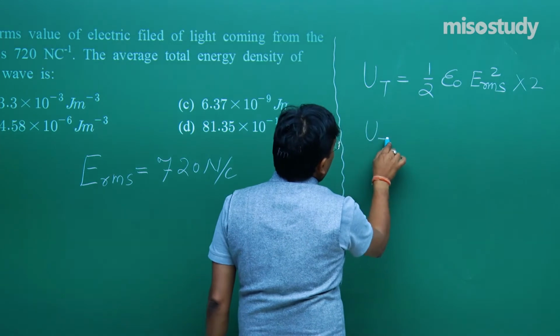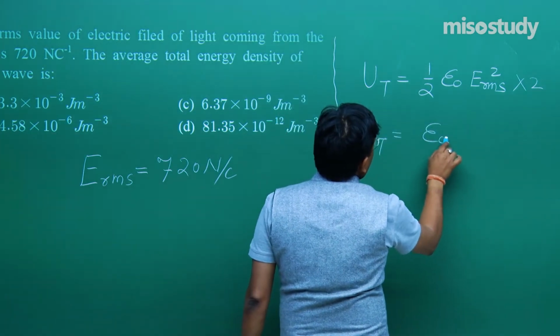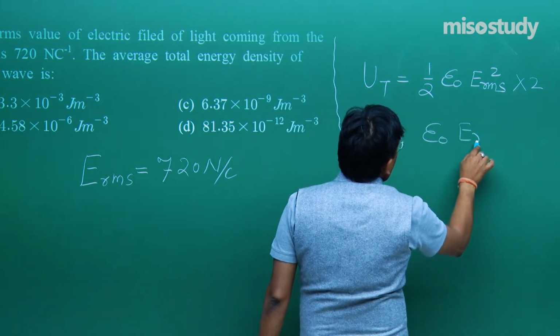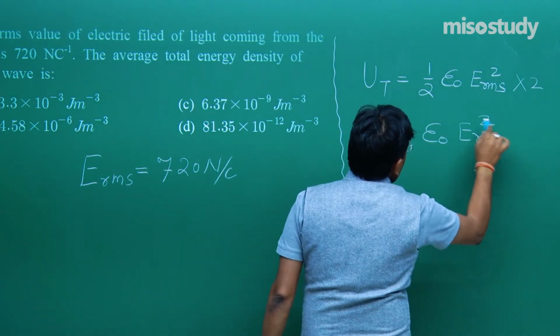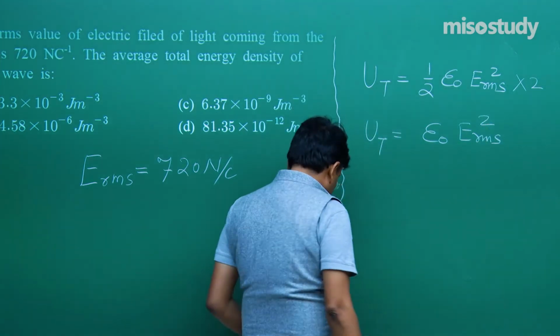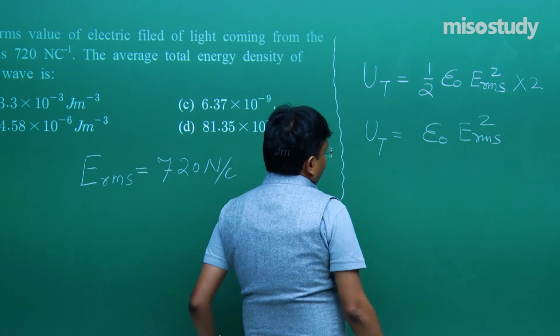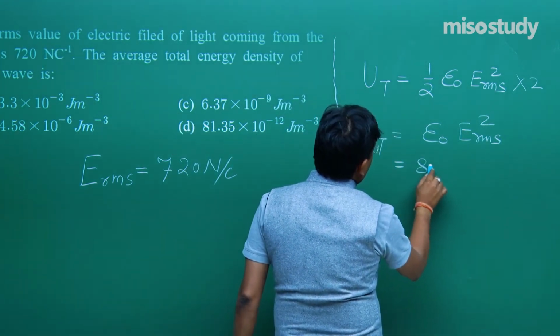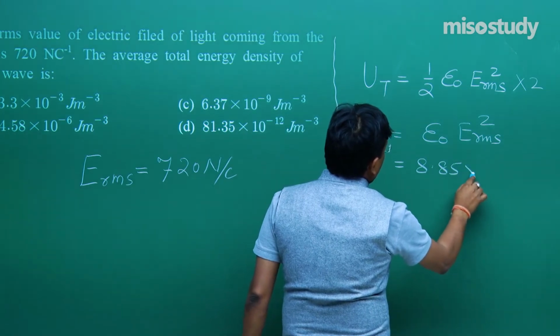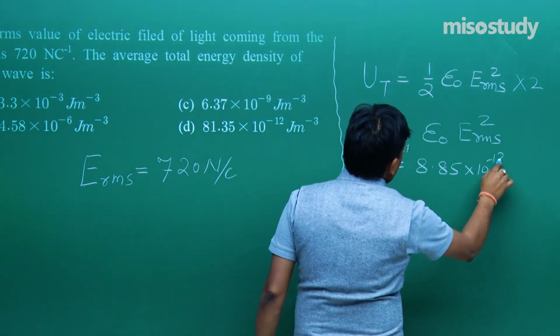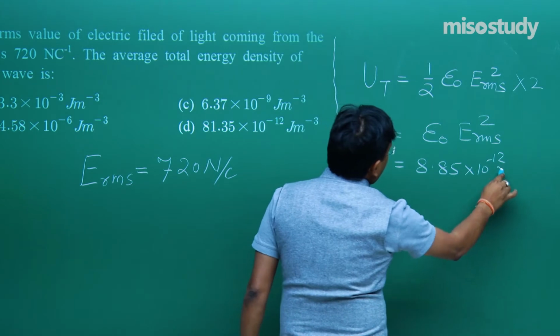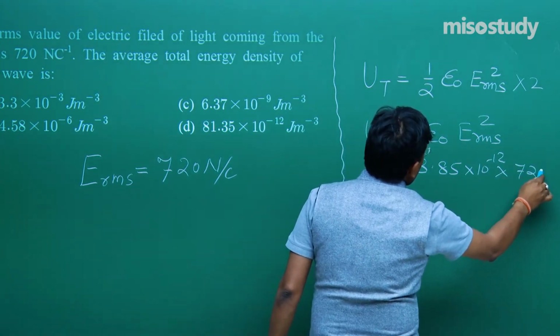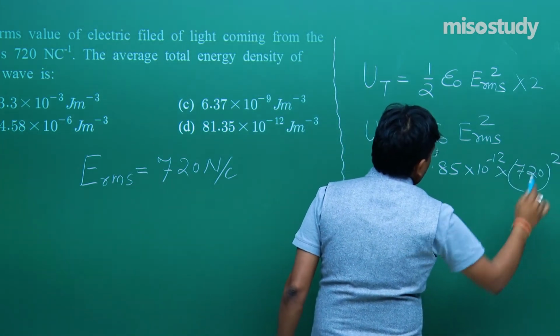So basically UT is epsilon naught E RMS square. Fine. Now you have to just put the values in this particular relation. So epsilon naught, you know, 8.85 into 10 to the power minus 12, and E RMS is given as 720 whole square.